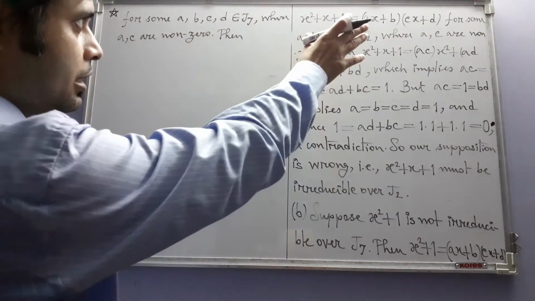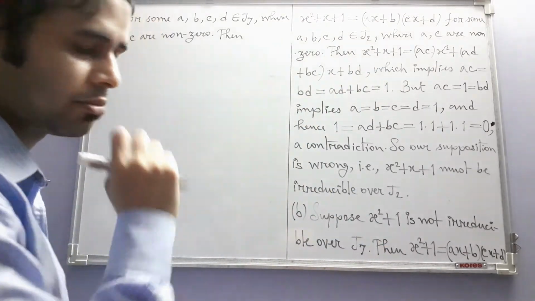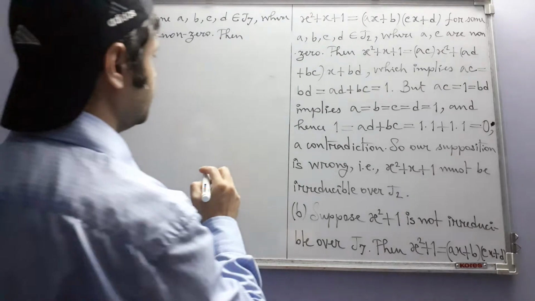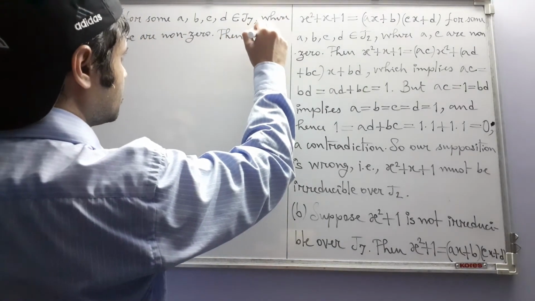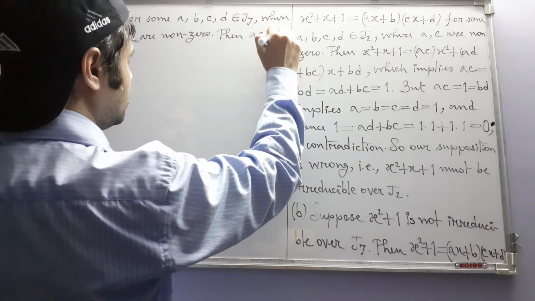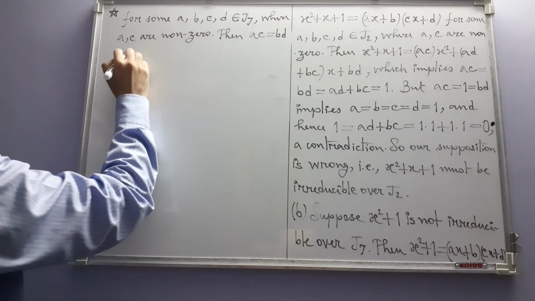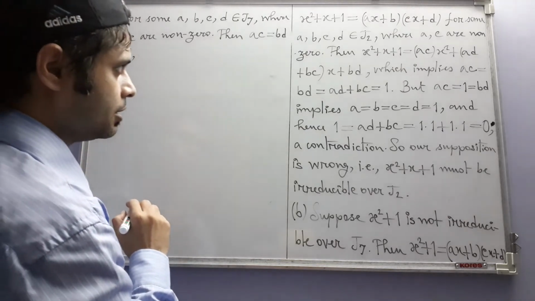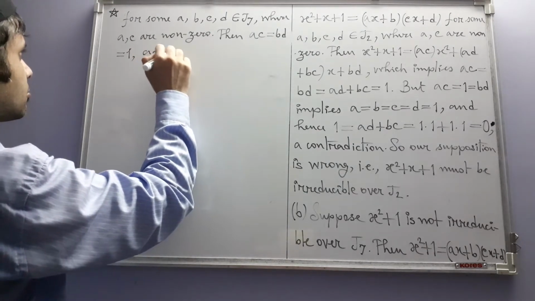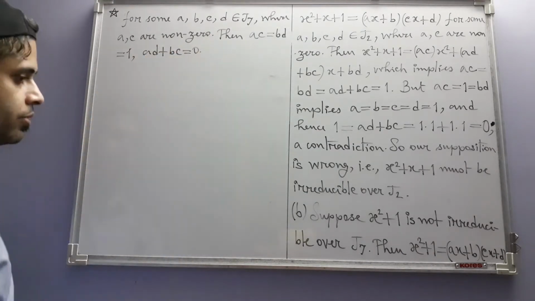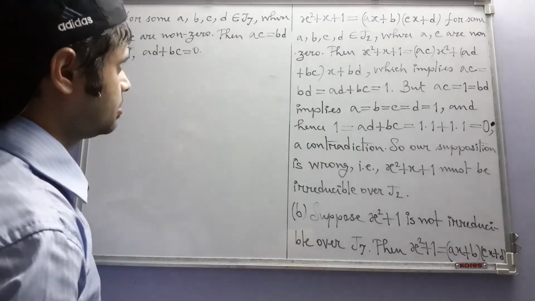Then, since we already have a calculation of this product, and here also we have the same expression, we can use that directly. Then this time AC and BD are still equal to 1, but AD plus BC is 0, because in this polynomial there is no x term.